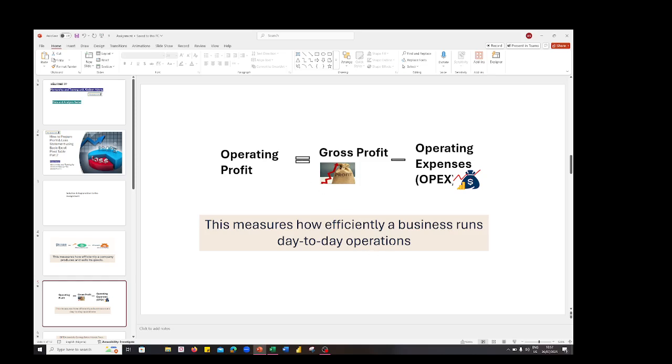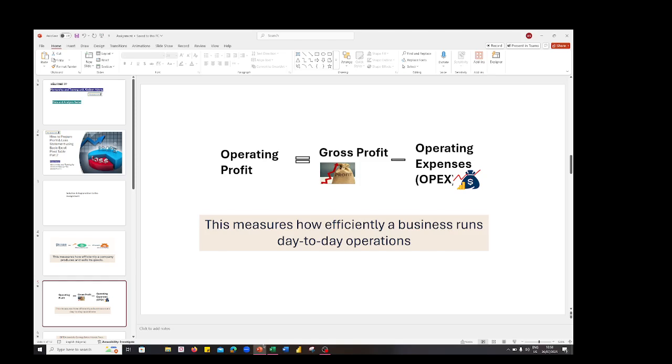So it measures how efficiently a business runs day-to-day. That is what it is showing, how you run your daily business. Because without you having an office, there's no way you can run your business. So your rent, your shop rent, your cleaning expenses, they are all your operating expenses.